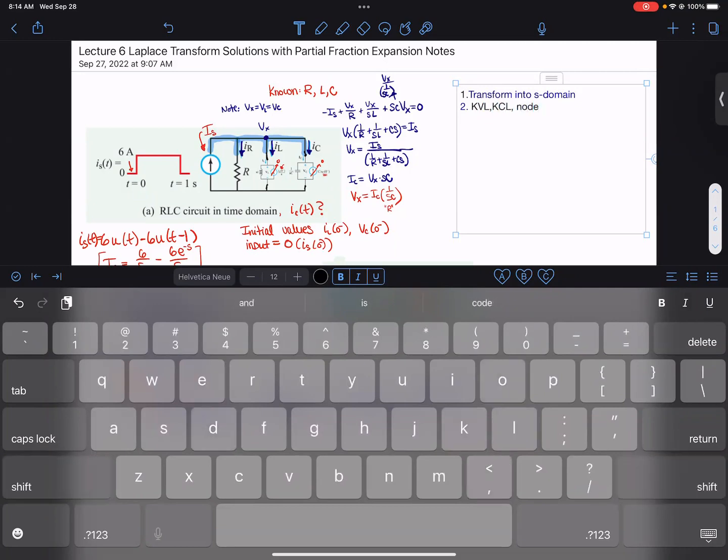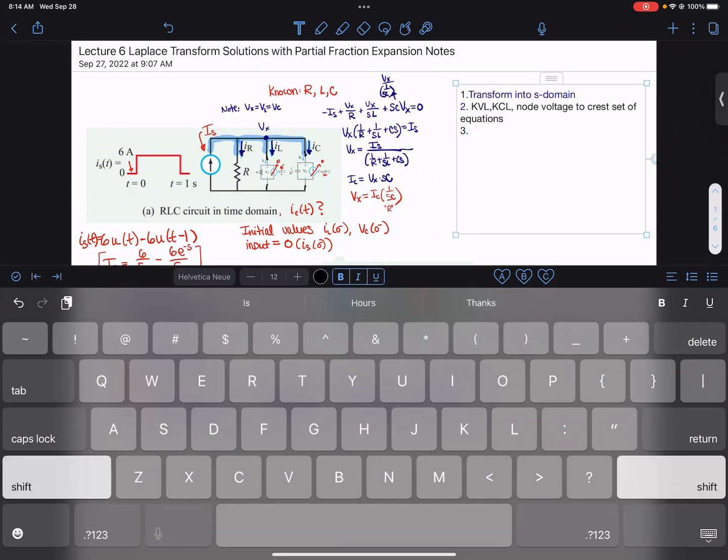Correct. So using just our normal techniques, created the set of equations that we need. Can type equations. Okay. Then what? Okay, good. Solve for unknowns.